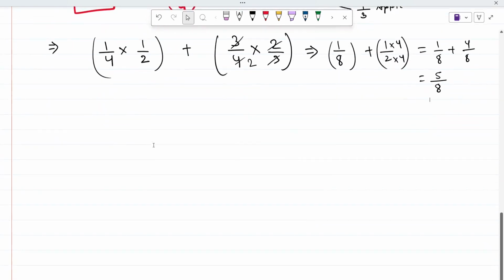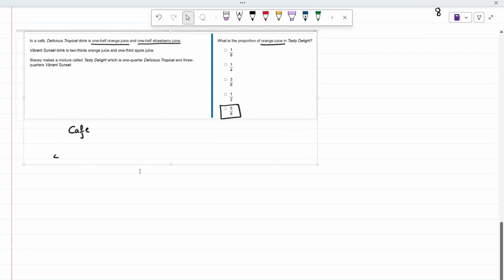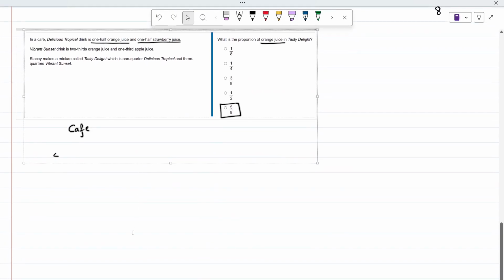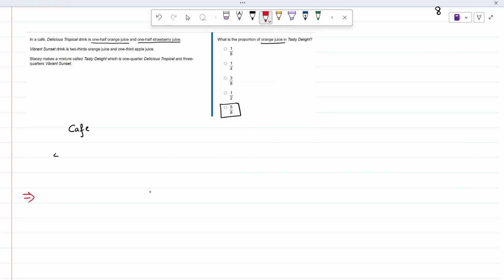The third method which we can apply here is the alligation method. We can solve it by the alligation method also. Let me summarize. See, we have two kinds of drink which are getting mixed, right? One is the tropical drink, and the other is the vibrant sunset drink.